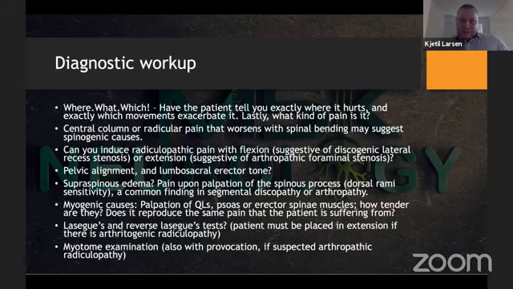Lassegue's and reverse Lassegue's test. The Lassegue's test is for the sacral roots, so the L5 and S1 roots generally. And the positive Lassegue's test suggests low lumbar radiculopathy. A positive reverse Lassegue's test suggests something with the femoral nerve. So that's going to be the L3, L4 nerves generally. And you can also actually do an abduction test. If there's a lot of pain in the groin upon abduction, that may suggest L3 radiculopathy, which is obviously mid to upper lumbar.